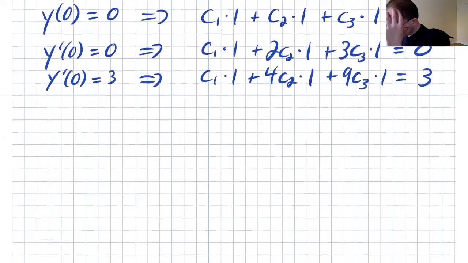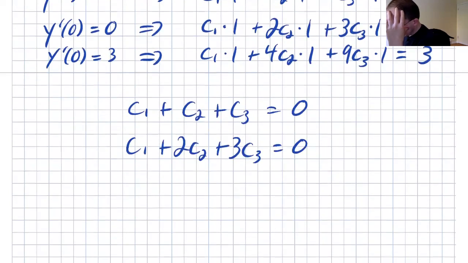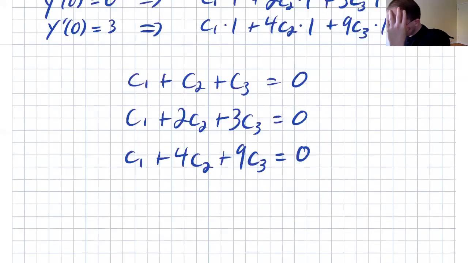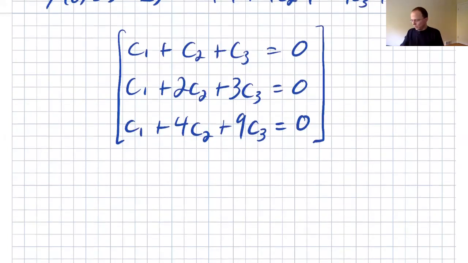Okay, let's write this linear system out. C1 plus C2 plus C3 equals 0. C1 plus 2C2 plus 3C3 equals 0. And C1 plus 4C2 plus 9C3 equals, oops, not 0.